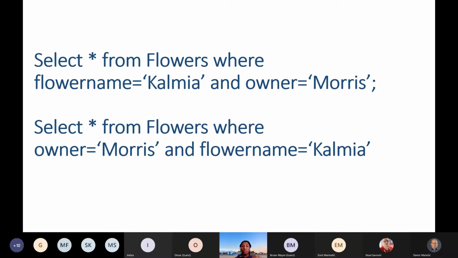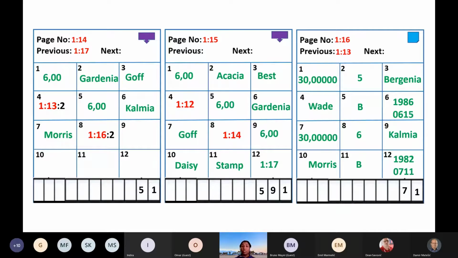Will SQL Server use the index? Definitely it will, because in the where clause we have the key columns of the index, right? So first it will interact with page number 15, the root level page of the index. It points to page number 14, the leaf level of the index. The leaf level of the index points to the data page, page number 16, slot number 2.